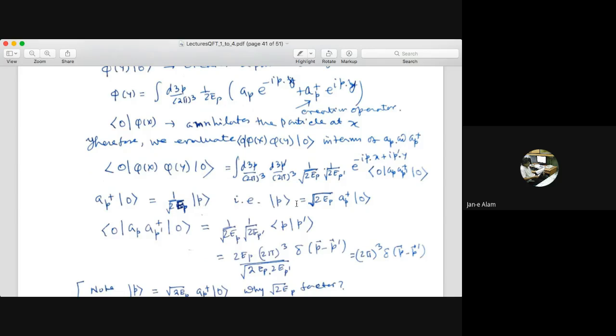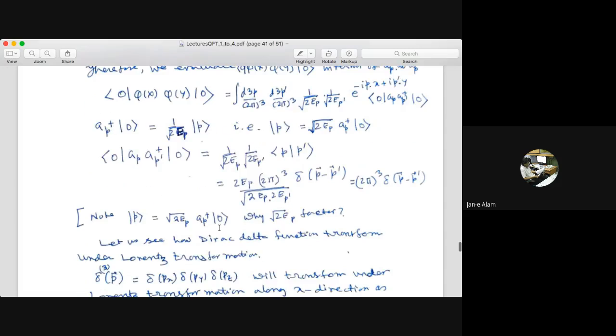So that means the state |p> is root 2 E_p a_p dagger |0>. Now, the inner product of this with a_p' dagger |0>, if you put in this relation, you will get 2 E_p, right? times (2 pi) cubed Dirac delta function, and this 2 E_p will come from here, and from this it will come 2 E_p'.